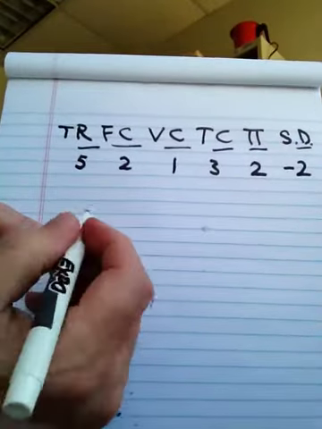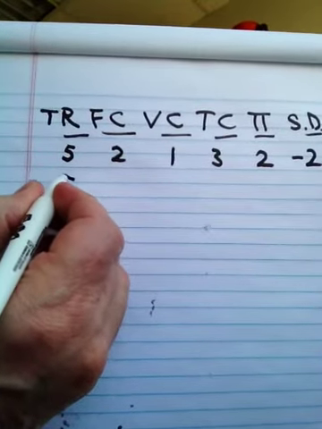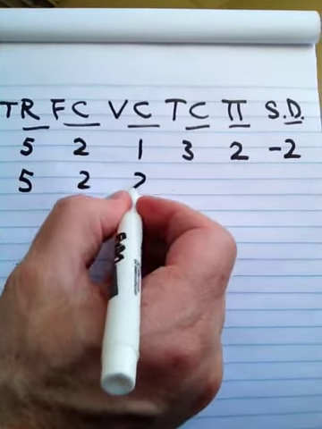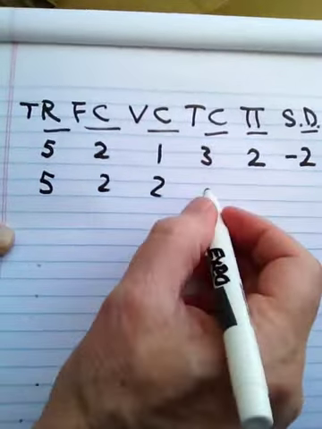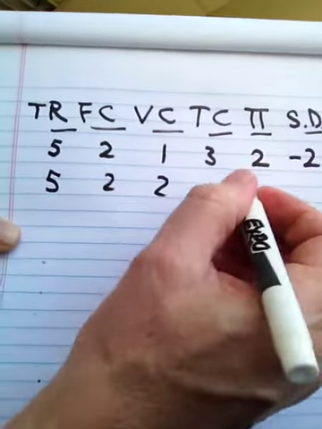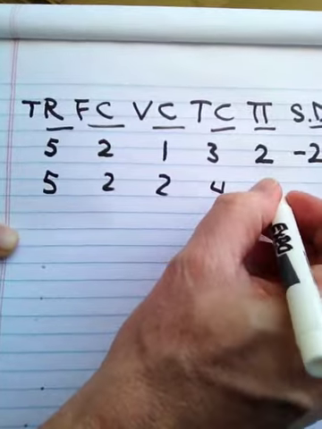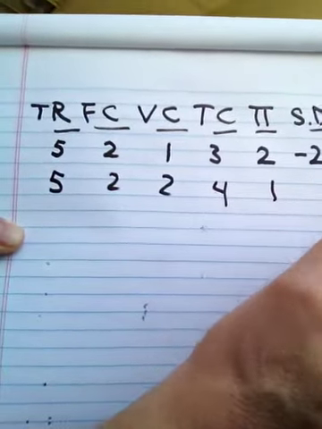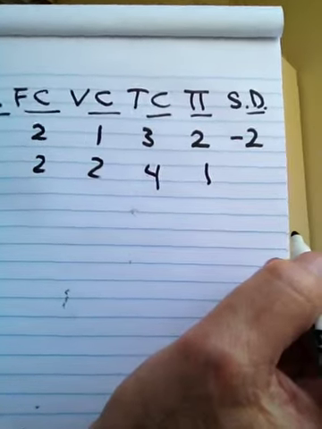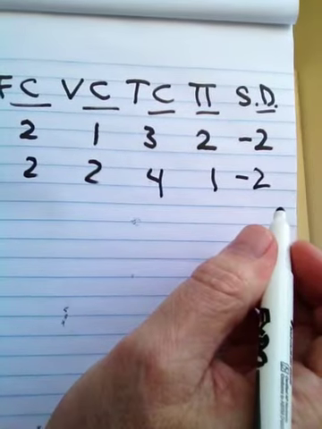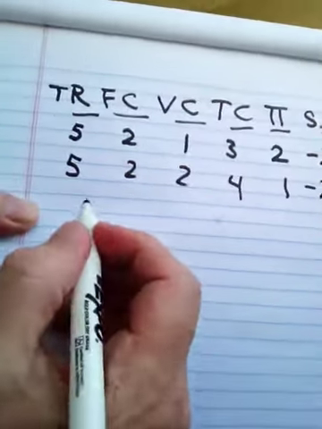Now, let's see what happens in the following case. Total revenue of 5, fixed cost 2. Let's make variable cost 2 this time. Total costs will be 4. Profits will be 5 minus 4, 1. If we shut down, of course, we'll have our fixed costs to cover, -2. Let's do it again.